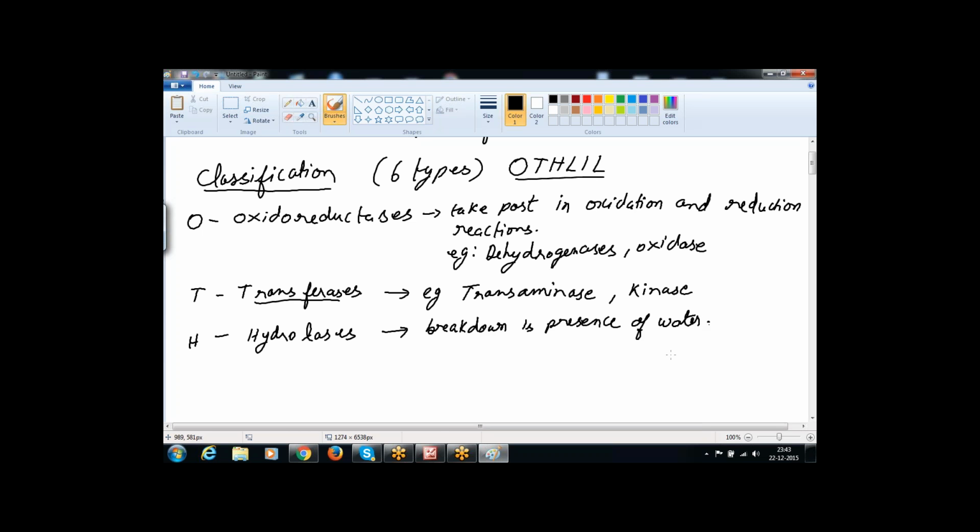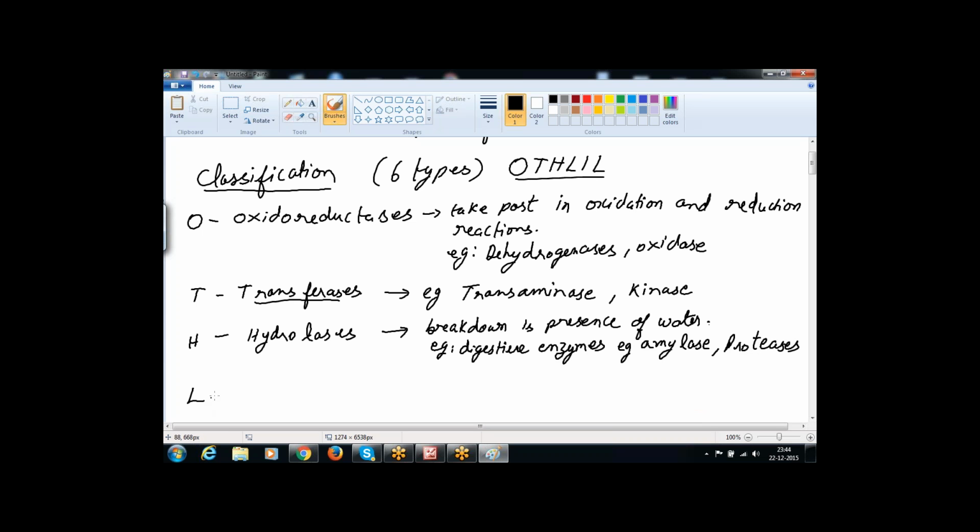Breakdown in presence of water. Examples will be digestive enzymes, all the enzymes present in the stomach and intestine. For example, amylases, they digest starch and glycogen. Proteases, they digest proteins. Lipases, they will digest lipids. They're all hydrolases.